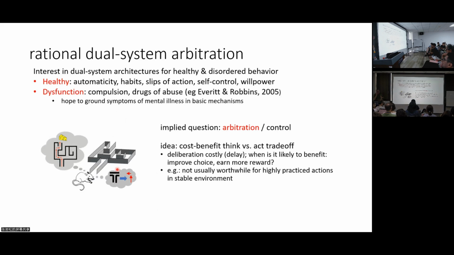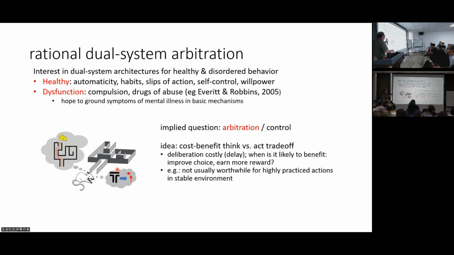But I think this is the question you had: if you think about this type of architecture, it seems a little crazy, right? If I was going to build a robot and I wanted it to make decisions, I wouldn't want to build a robot with two different systems for making decisions, because then I wouldn't have solved the problem of making decisions.